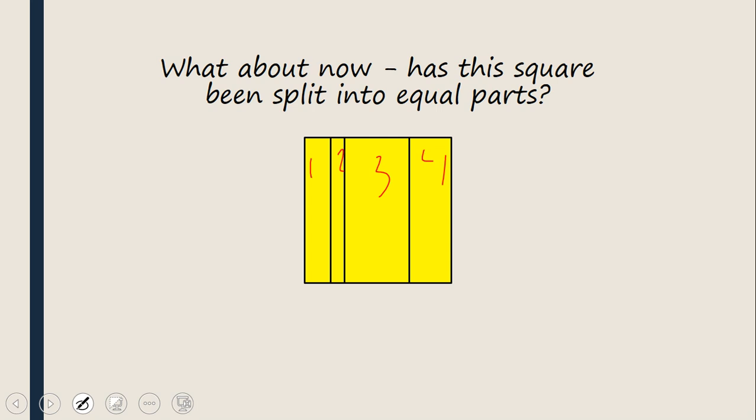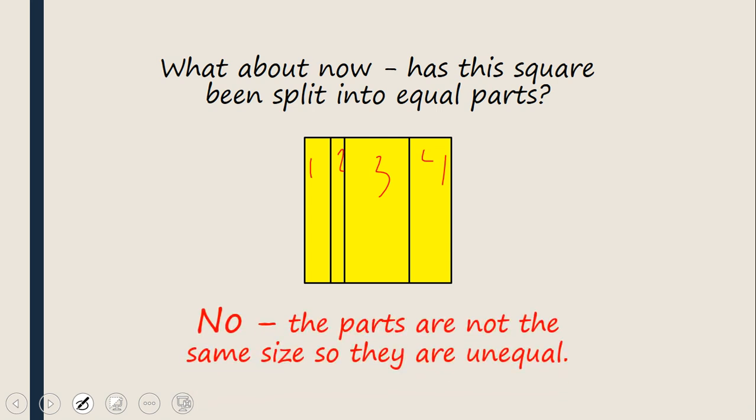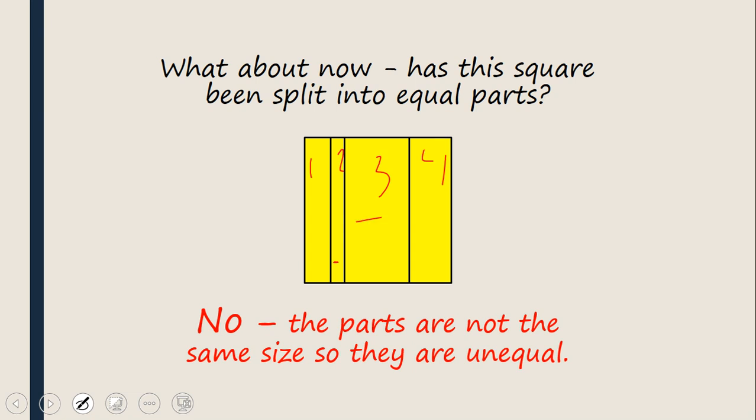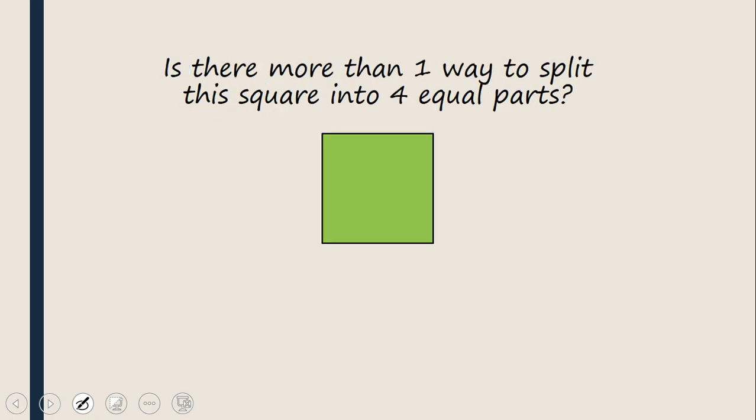Yes or no? If you guessed no, you are correct. And that is because they are not all the same size. So this one is really skinny, and this one is quite wide, okay? So they are not the same size, so they are not equal parts.